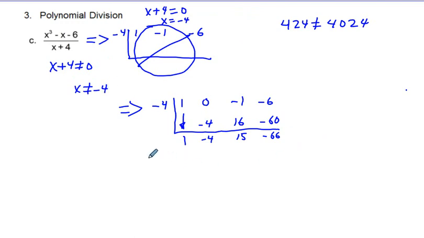Well, our answer, our quotient, we can write this a couple of different ways. One way is 1x squared minus 4x plus 15, and you'll see sometimes remainder negative 66.